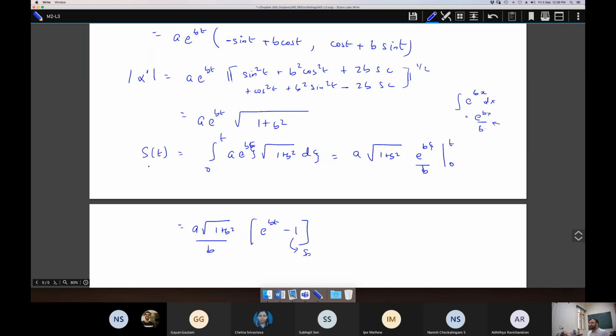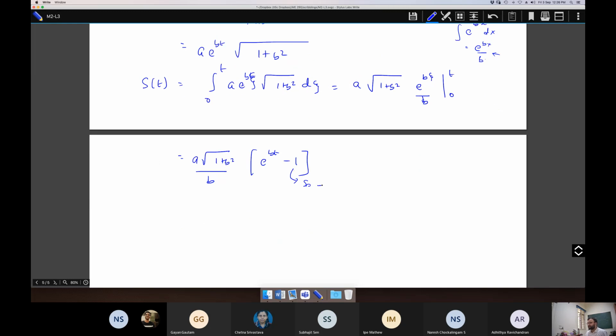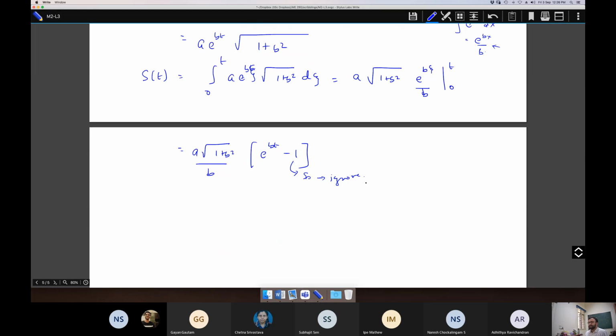Basically, this is the starting datum level, so ignore the constant. It doesn't make any difference. Okay, so we have s as a function of t to be a by b root of 1 plus b square e raised to bt.